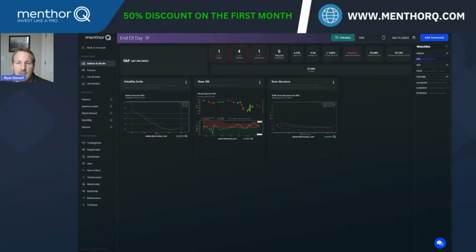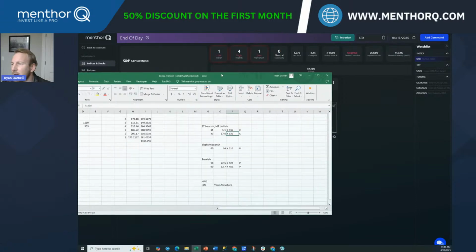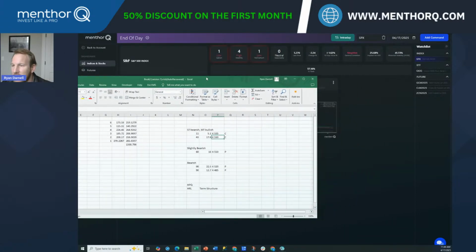My first one is, let's say that you're medium term bullish. In this case, we're talking SPX. If you're medium term bullish, but short term bearish, you're worried about what's going on, then I would look at a calendar call spread. I just loaded these up a little bit earlier, just looking at my prices here.